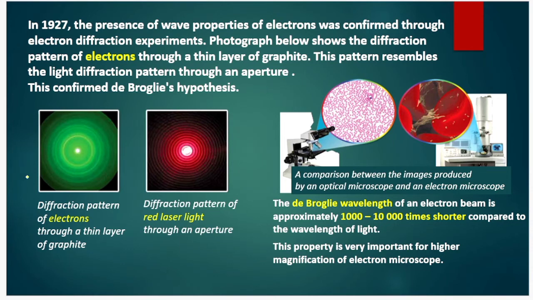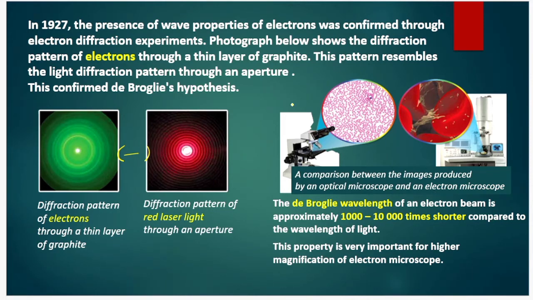Look at the picture of the diffraction pattern of electrons through a thin layer of graphite, and compare it with the diffraction pattern of red laser light through an aperture. The patterns are identical. So this proves that electrons also show wave property, that is, they can be diffracted.